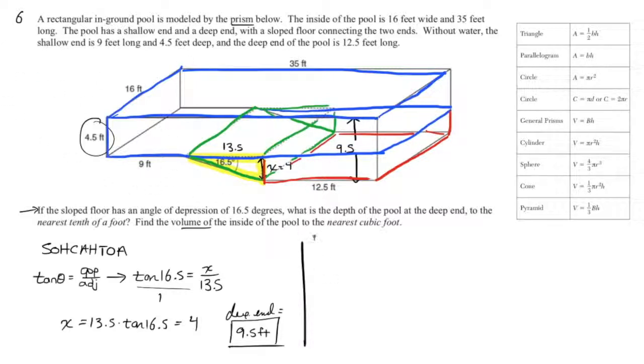We will have to deal with the volume of the blue rectangular prism, length times width times height. That's going to come in at, let's say, 35 times a width of 16 and a height of 4.5. So 35 times 16 times 4.5, 2520.